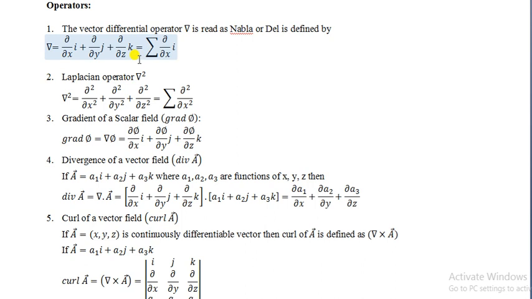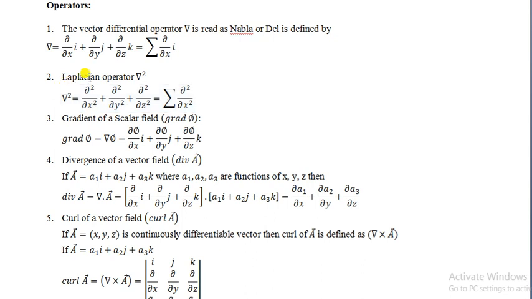Using the summation symbol, we can express nabla in short form as the summation of dou by dou x into i, meaning dou by dou x i plus dou by dou y j plus dou by dou z k.